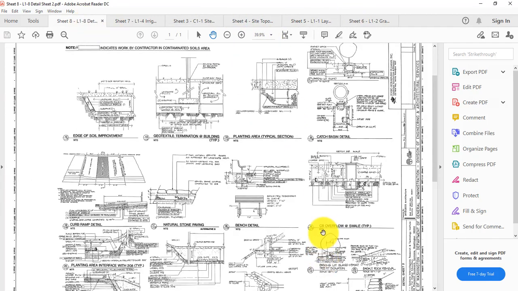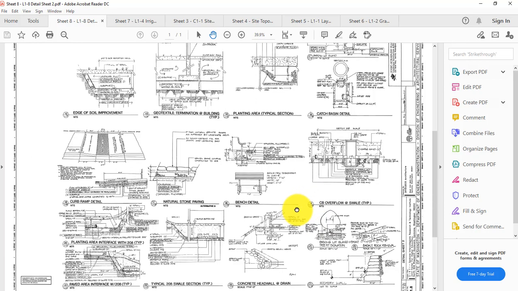So when it's asking the gravel base under curb ramps is so much thick, you would probably get that on the details. So take a look. One of them even asks about the rim elevation of catch basin number 4. So you have the drawings to look through. I think the idea behind these projects is for you to look at the drawings, keep your face in them to understand what's going on.